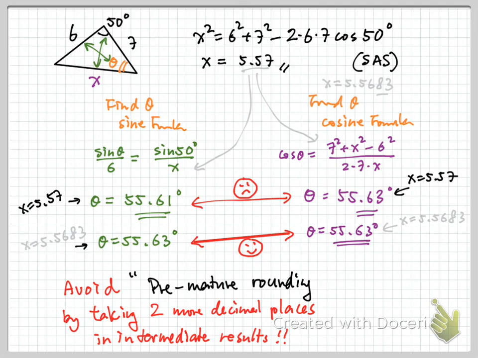To avoid this type of error, you can take two more decimal places. If the question requires 2 decimal places, you take 4 decimal places. In that case, you can avoid premature rounding. If you know how to use the calculator, the best way is not to round at all. You store the value in the calculator and keep using the stored value.